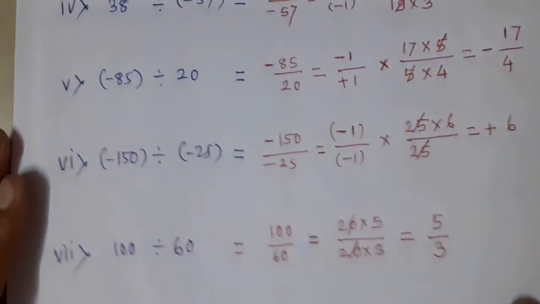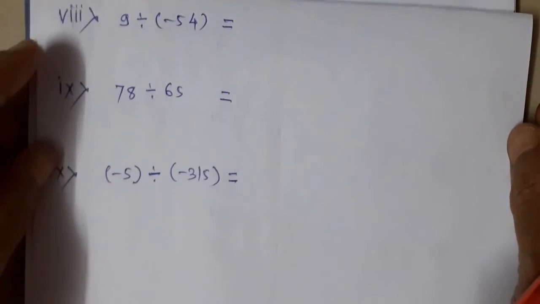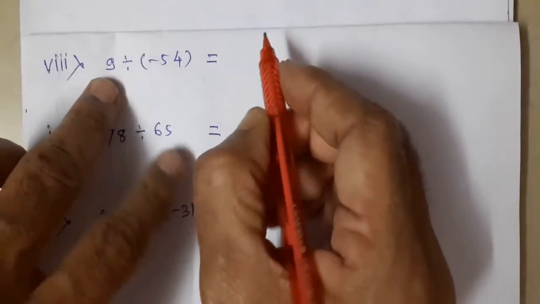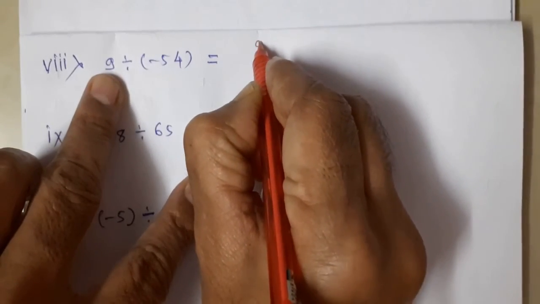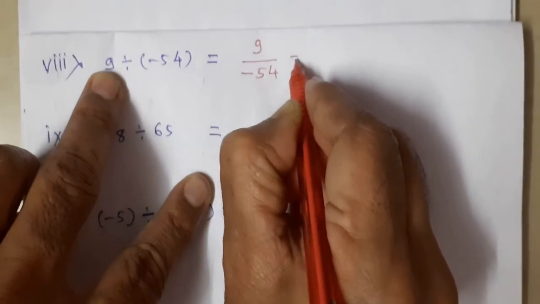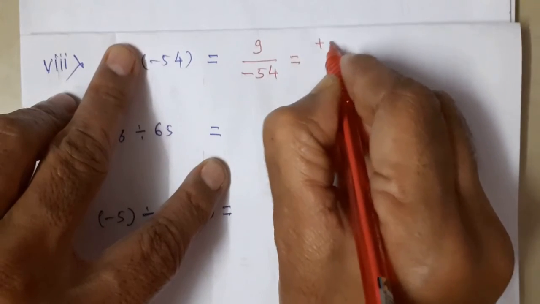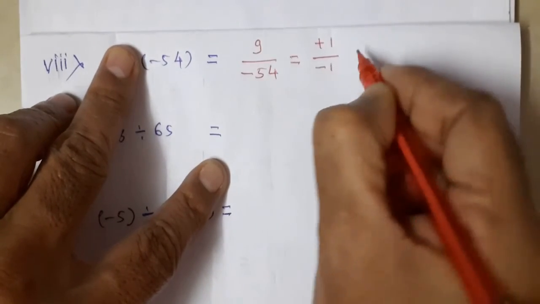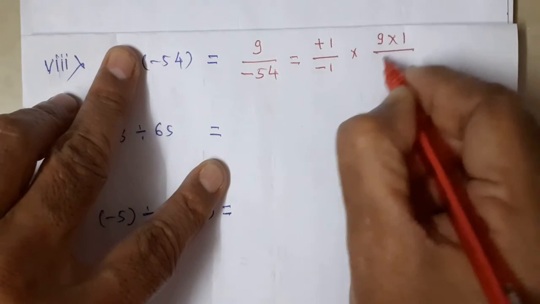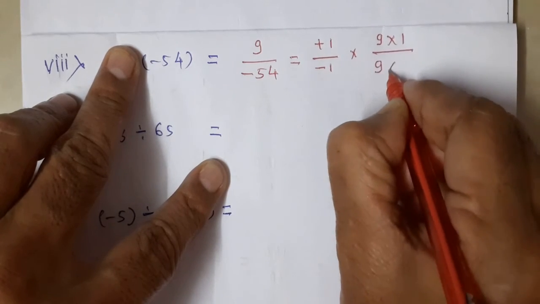Then the 8th example: we are dividing 9, a positive integer, by minus 54. I write it as plus 1 divided by minus 1, multiplied by 9 ones are 9 and 9 sixes are 54.